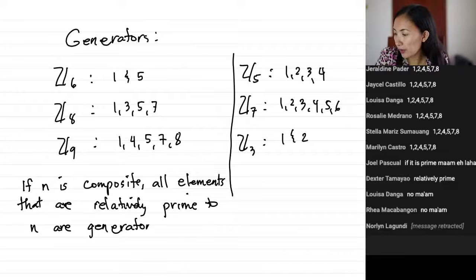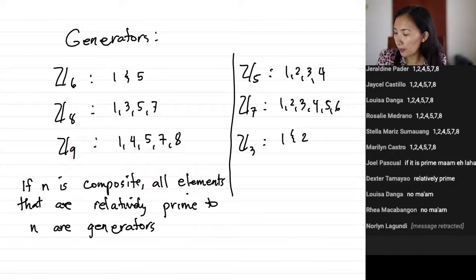Relatively prime. For example, 5 and 6, what is their common factor? 1. 7 and 8, common factor? 1. Bakit hindi in-include si 4? 4 and 8 share a common factor, which is 4. Okay, 1, 4, 5, 7, 8, for Z sub 9.